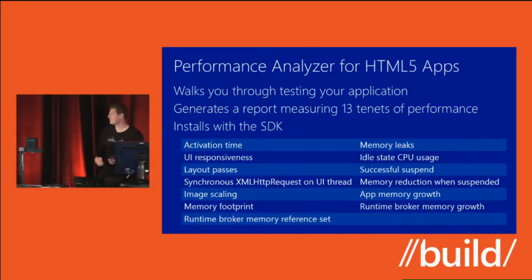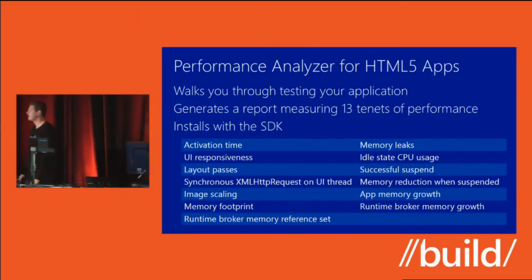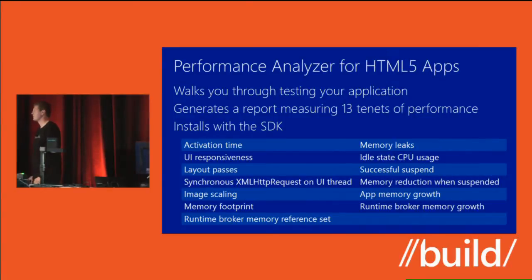So, yes, question here. A lot of this looks very similar to the F12 tools in IE. Does this offer any advantages over using the tools that are just built into Internet Explorer? Okay, so the question was, this looks very similar to the F12 tools built into Internet Explorer. Is there any advantage that this offers over that? The answer is you're getting the same data, so you're correct that it's effectively the same thing.